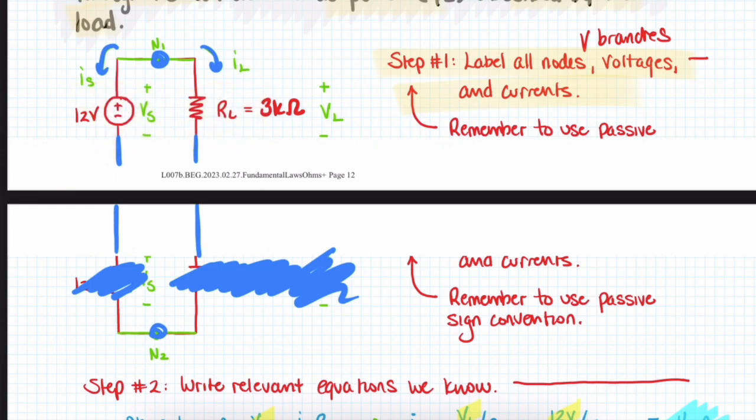We didn't use the double subscript notation, but that's fine. You don't have to. It just makes things easier sometimes. Now, do all of our labels obey the passive sign convention? They do, right? Because IS flows from the positive to negative terminal of VS, and IL flows from the positive to the negative terminal of VL. So that's good.